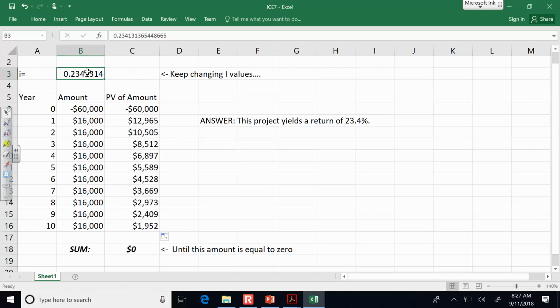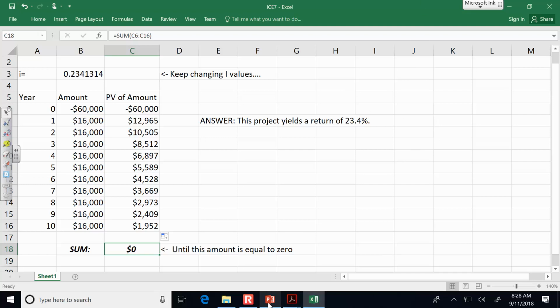And since we've already got the correct interest rate in there, then the sum of all of those above amounts is equal to 0. All right, so in the handout that you've got, the in-class exercise I gave you, the unknown rate, where it says what rate of return did the contractor realize on the investment, the contractor earned an interest rate of 23.4%. So back to the idea of opportunity cost.